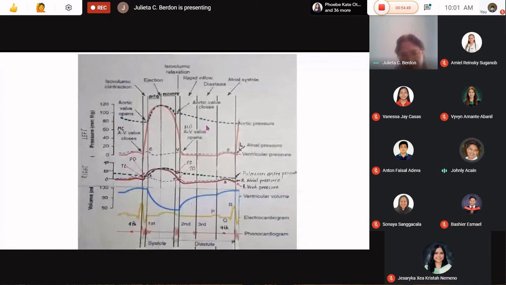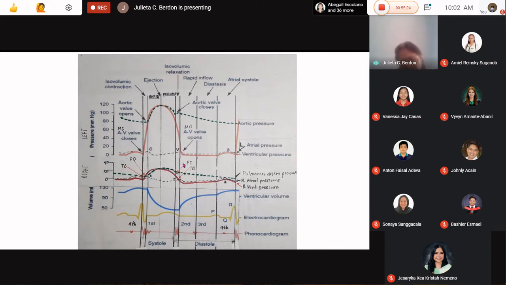Okay, so we are now at the opening of the mitral valve. MO is mitral opening. So what happens now if the mitral valve is open? Ventricular filling. You will notice now that atrial pressure is slightly greater, but still enough to push blood into the ventricles.